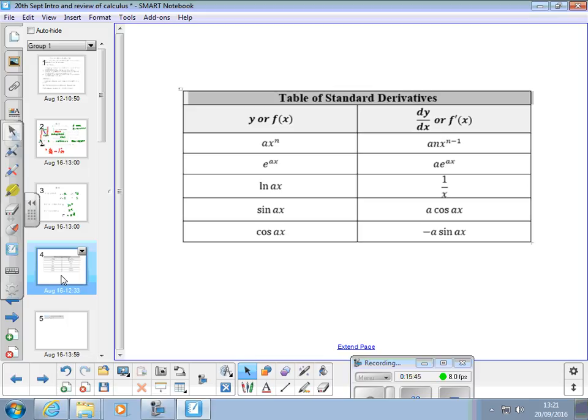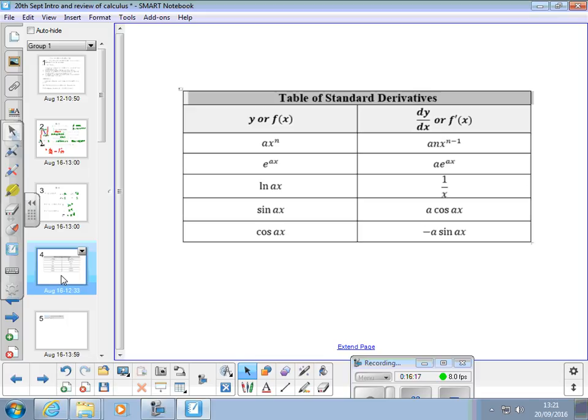We're not really interested in differentiation from first principles. What we're going to be doing is using a table of standard derivatives to find the derivative of a particular function of a particular type. So we've got enough on there for any of the functions we're going to cover at this stage.